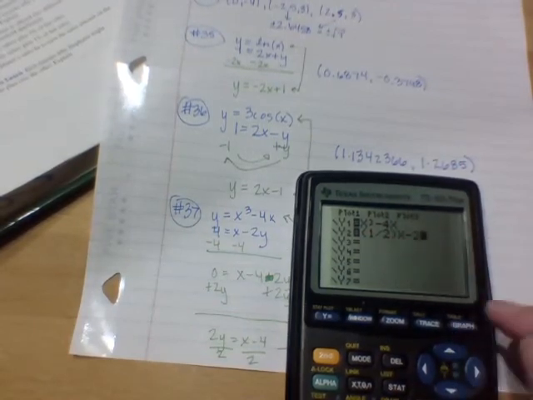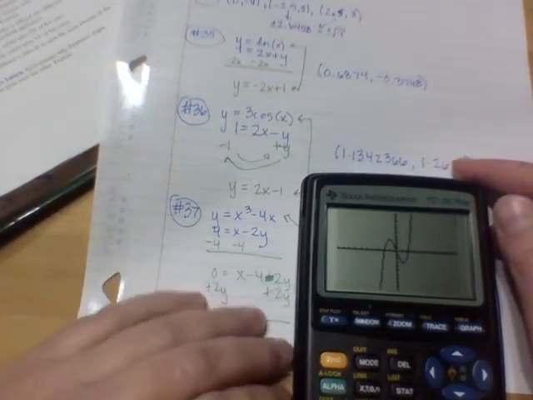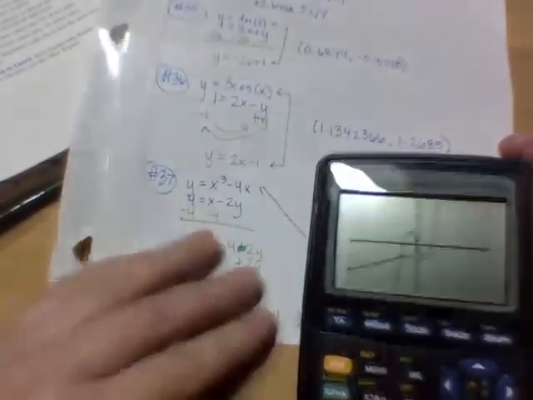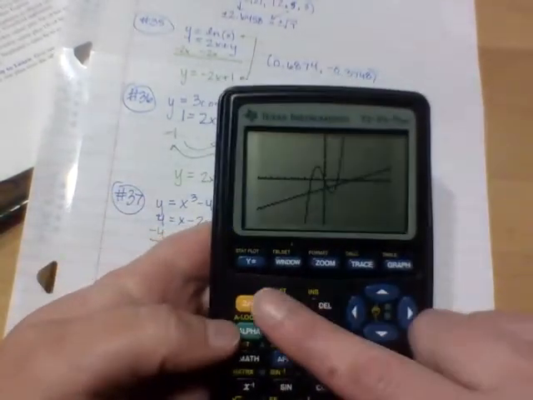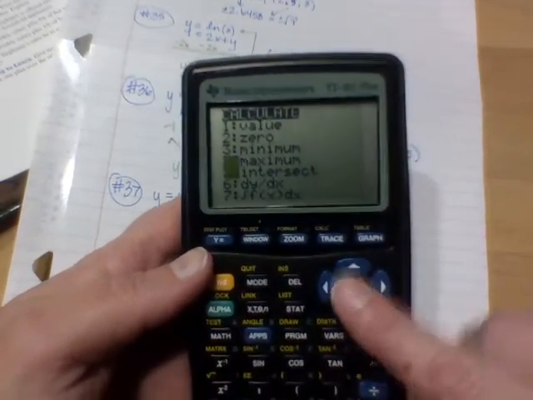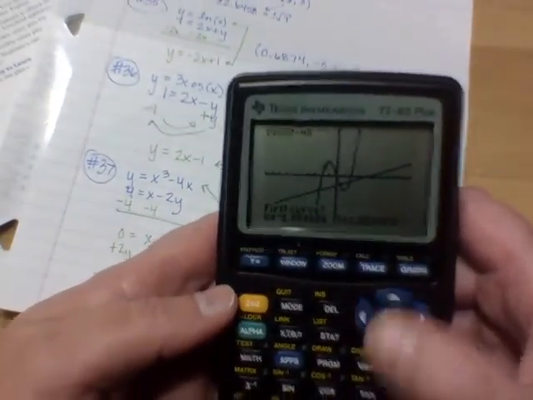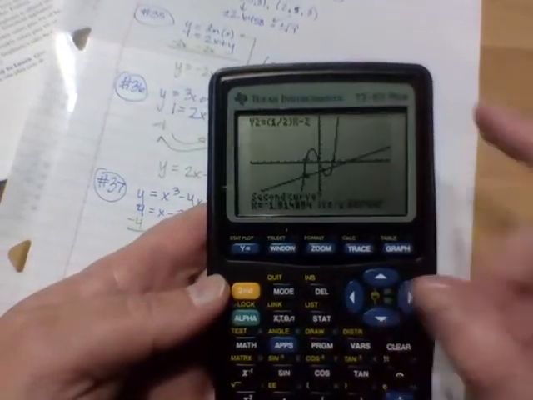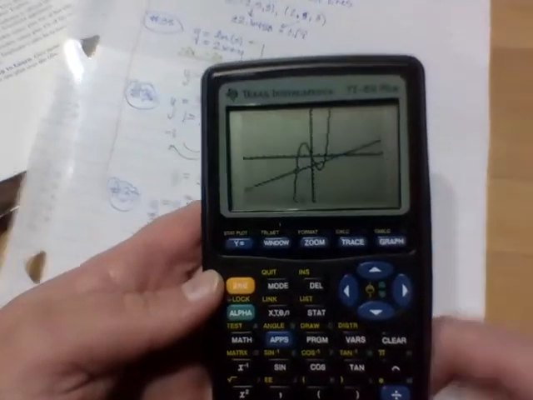You might have 0.5, but either way, we're going to graph on our standard window and see the cubic there, and then see the linear equation, hitting it 3 times. So we're going to second trace or calc those 3 intersection points. And so this is where it is actually going to be helpful to realize that you're on the first curve, which is the cubic, you're on the second curve, which is the linear, and you want the intersection that is there.